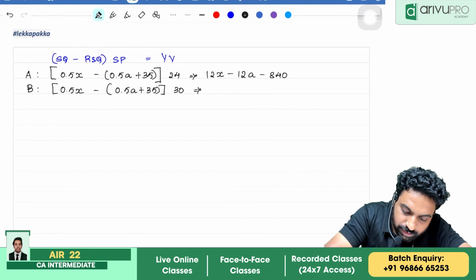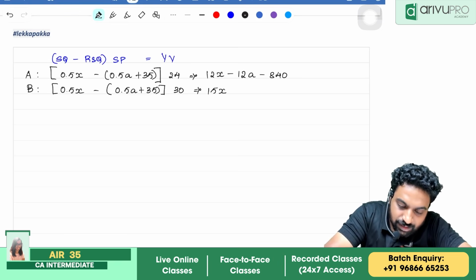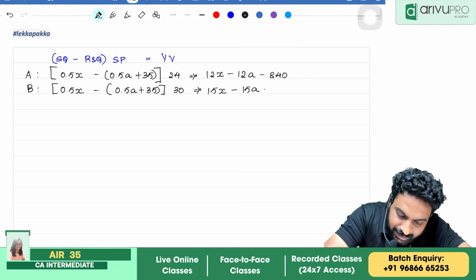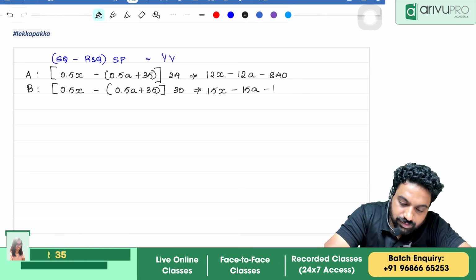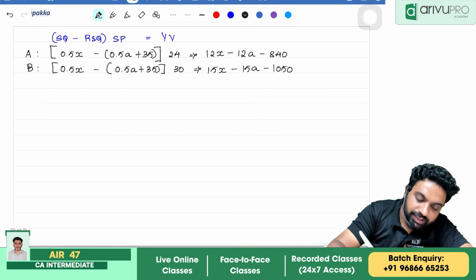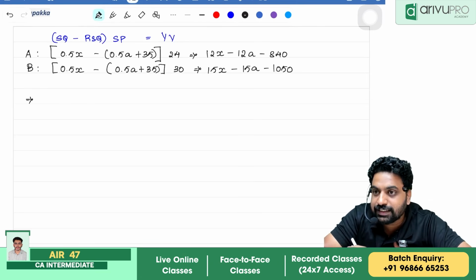If you want to write it, we can write 15x minus 15a minus 1050. Now, total of A plus B is equal to your yield variance.